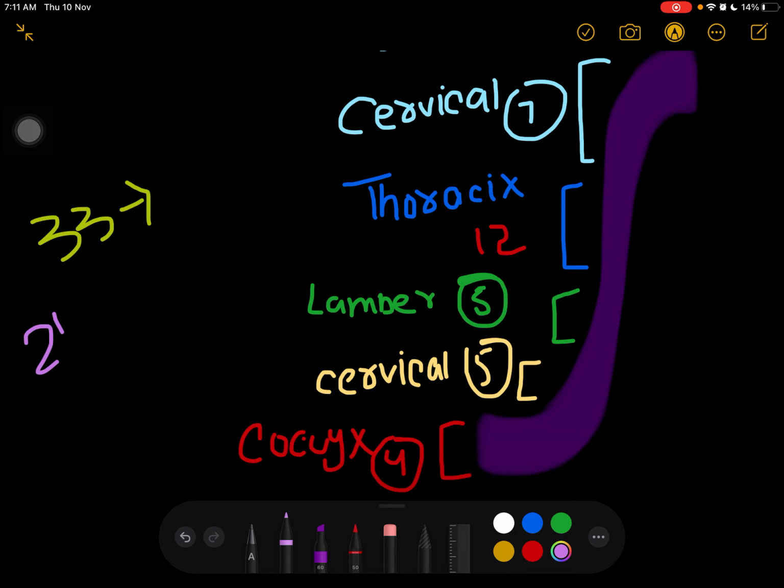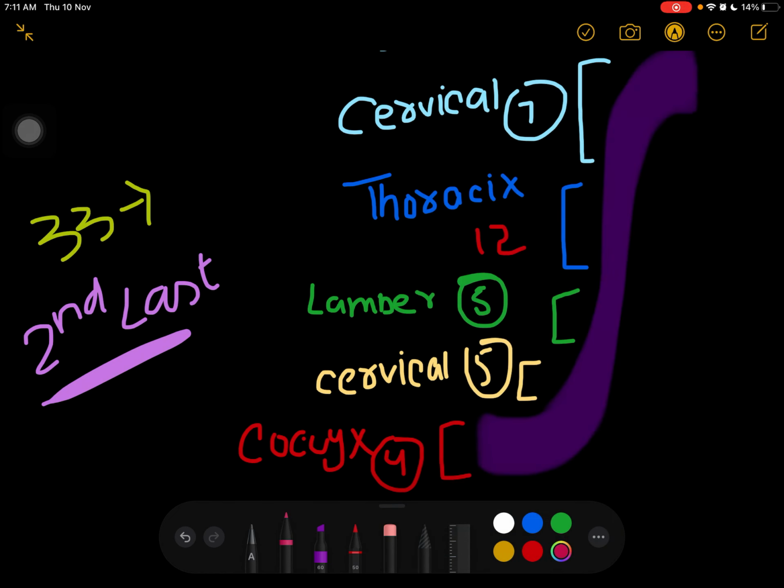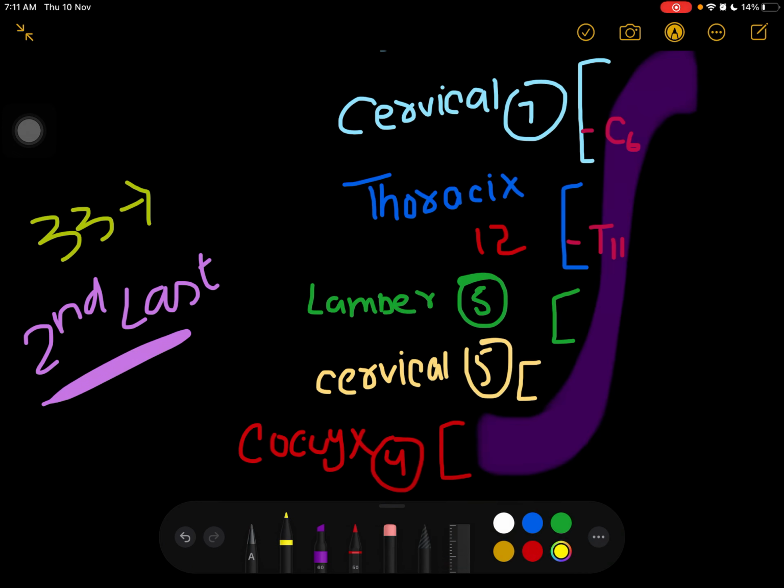So where your esophagus actually starts, there's an easy tip to remember: just remember the words second last. How? Let me explain. As you can see over here, this is C7, and the esophagus starts from C6 to T11.